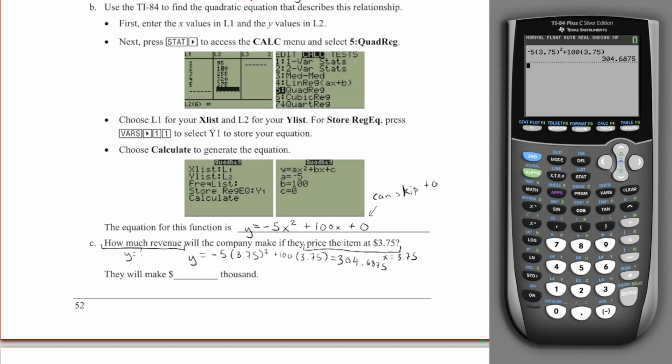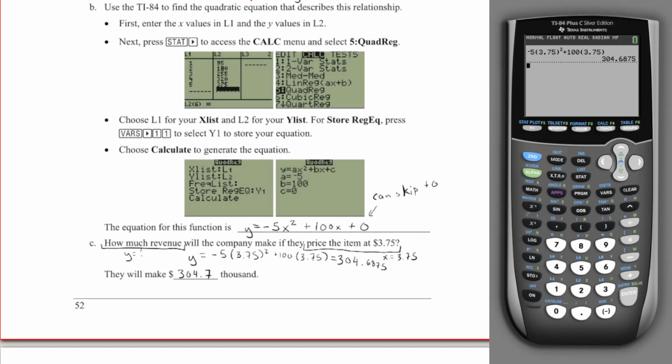I'm going to just round it to 1 decimal place for the sake of fitting in the blank. 304.7 thousand. If they price the item at $3.75, they expect a revenue of $304.7 thousand.